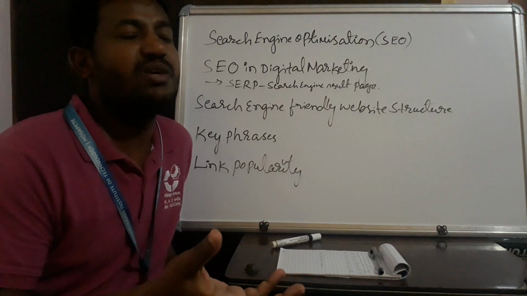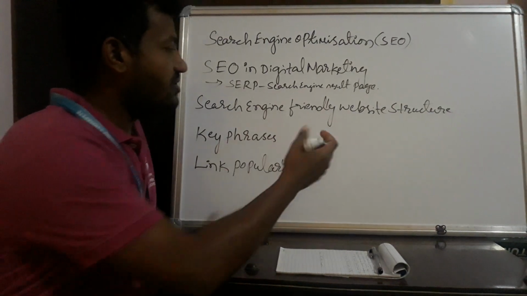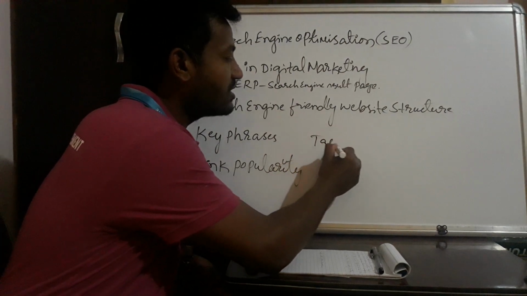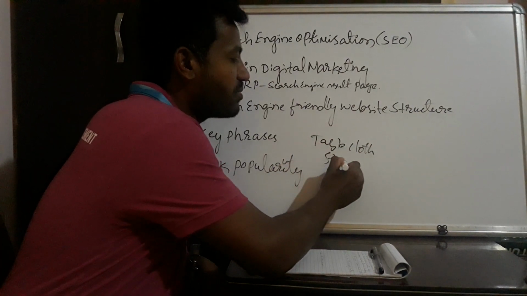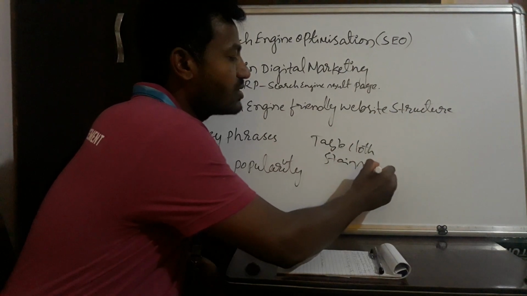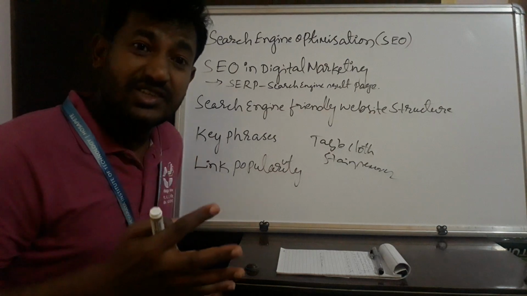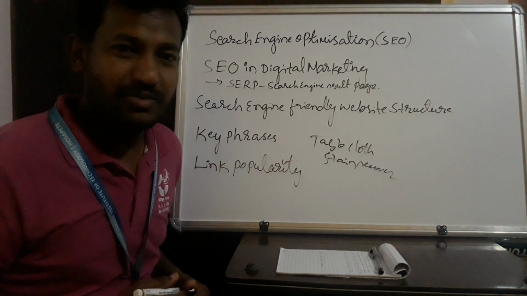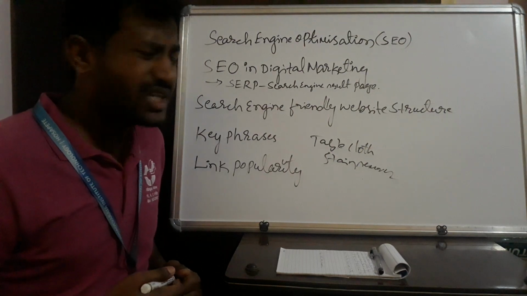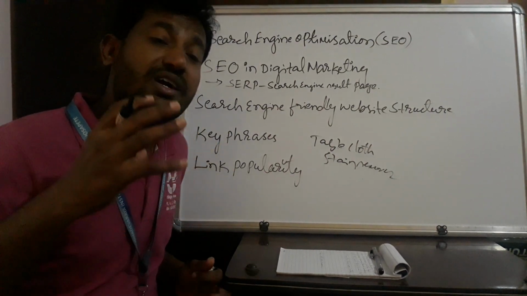What exactly are the keywords? Tablecloth stain remover. That is a proper keyword you need to use in search engines, so that you will get proper websites who are really offering this kind of service in today's market. So key phrases are very important. You need to add such keywords or key phrases for your websites also.